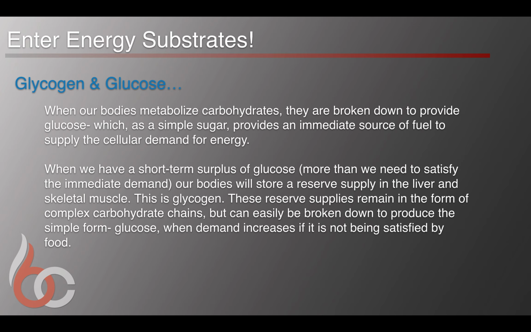So I don't think anybody has ever really done this, but imagine entering some sort of exercise session with some sort of simple sugar substrate, and as you spend energy, replacing every single calorie as you spend it in the form of a simple sugar. All right, so if I was entering some sort of workout that was going to last 30 minutes, and I figured out that at the intensity I was working, I was spending 15 or 20 calories per minute, so every minute I took in 15 to 20 calories worth of simple sugar.